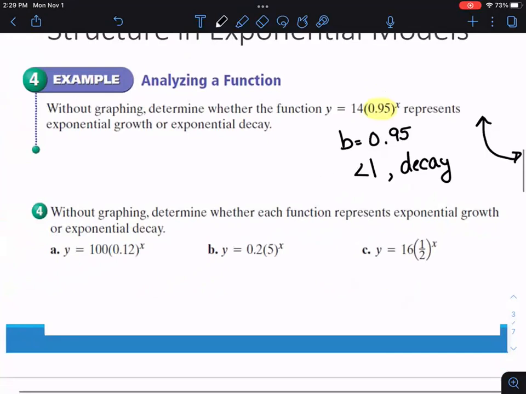So down below, we have 3 equations. I want you to go through each equation, determine what the B value is, so the growth or decay factor, and then classify it as growth or decay.